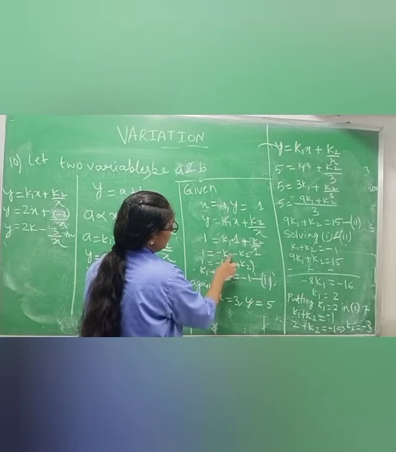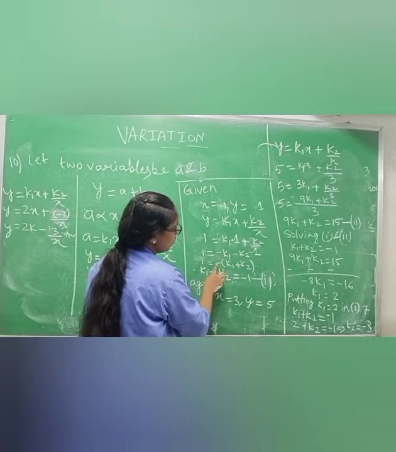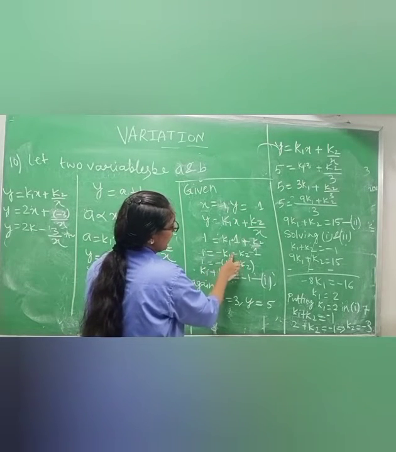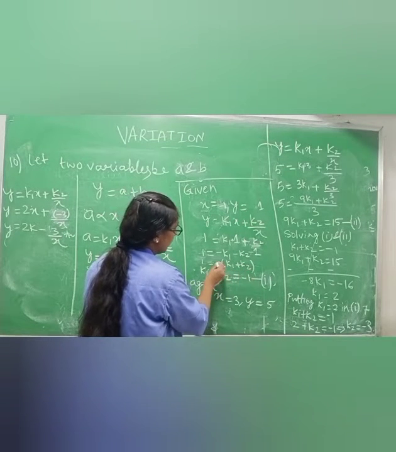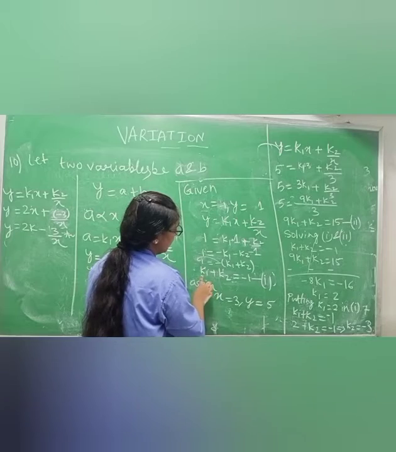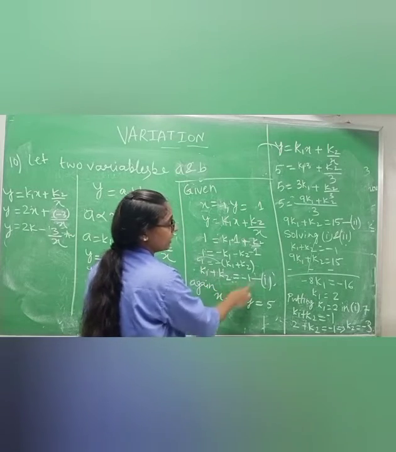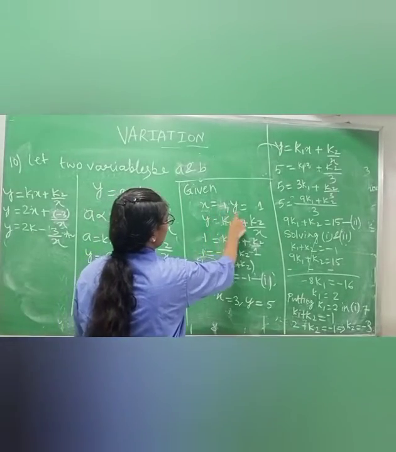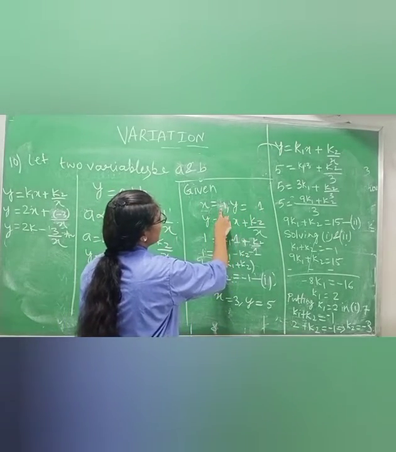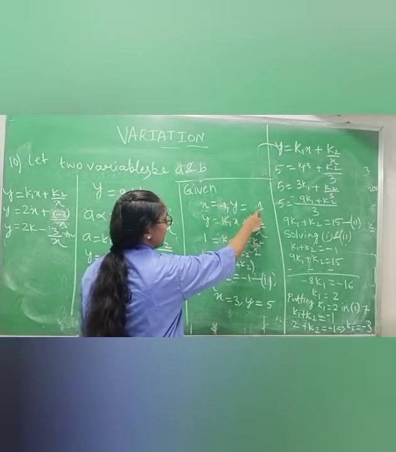Now take minus common. When you take minus common, the sign will change. Now it will become k1 plus k2, and this minus sign I take to this side. So it will become k1 plus k2 equals -1, equation 1. I am saying, if x equals -1, y equals 1, then in place of x I will put -1, in place of y I will put 1.